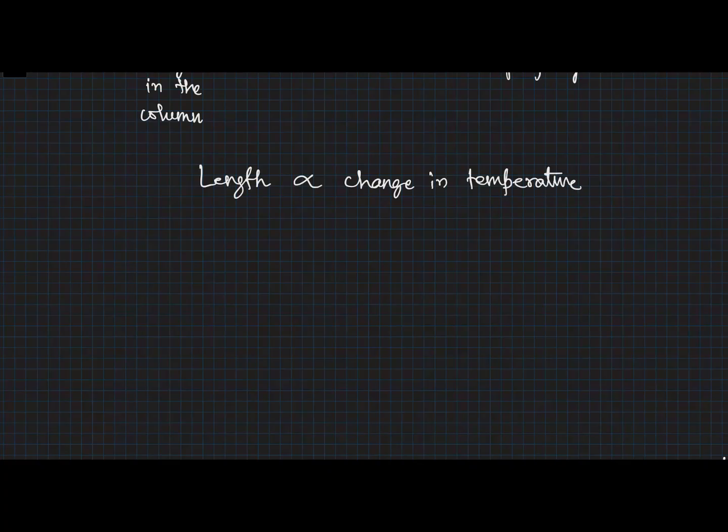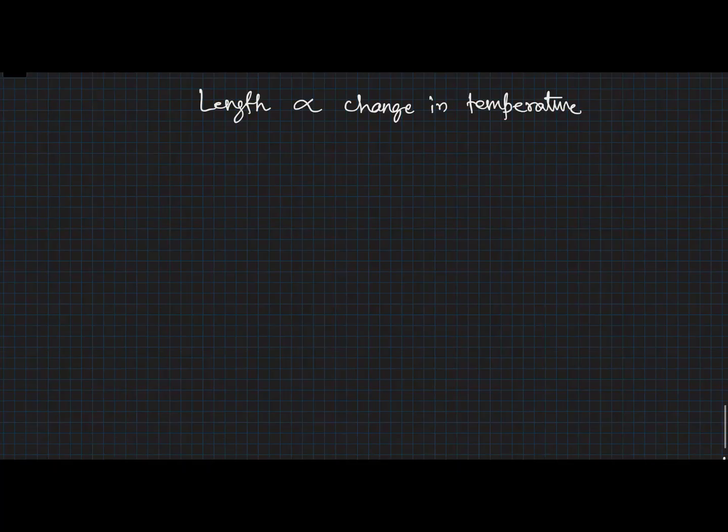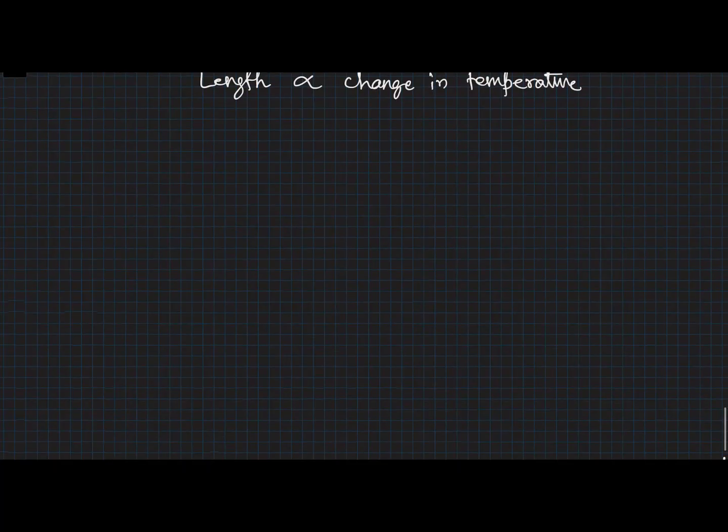Now we have another device to measure temperature, which is called a thermocouple. So thermocouples are also used to measure temperature, and how does it work? We can understand by defining it. Thermocouples are joints of two dissimilar metals.